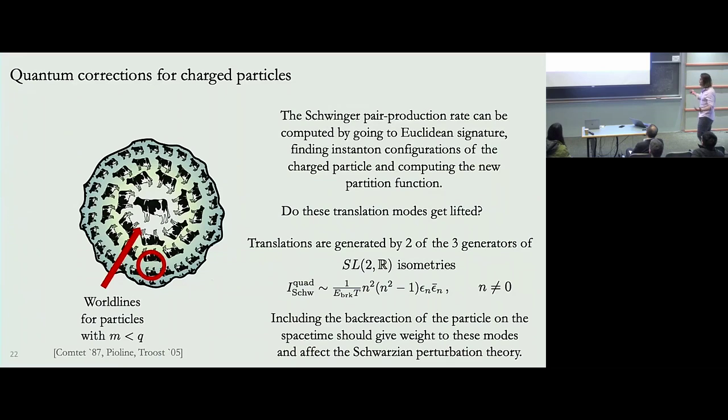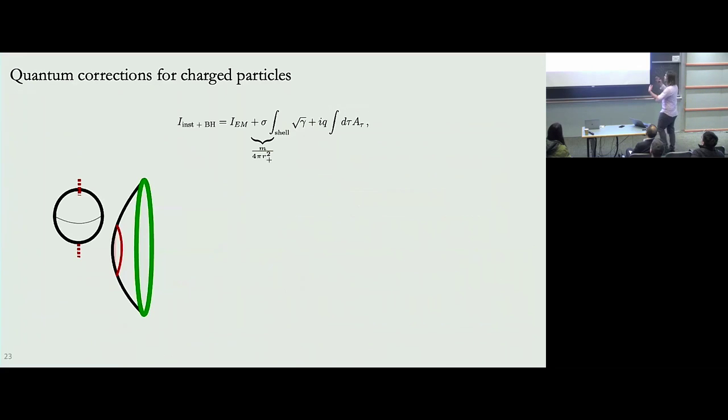Okay, so does that happen? Well, we try to find this instanton in a general setting, not only close to extremality. We try to find the back reacted geometry for any m, q, little m, little q, and we managed to do that. So we take the following action, which is the Einstein-Maxwell action, coupled to the world line of an electron.